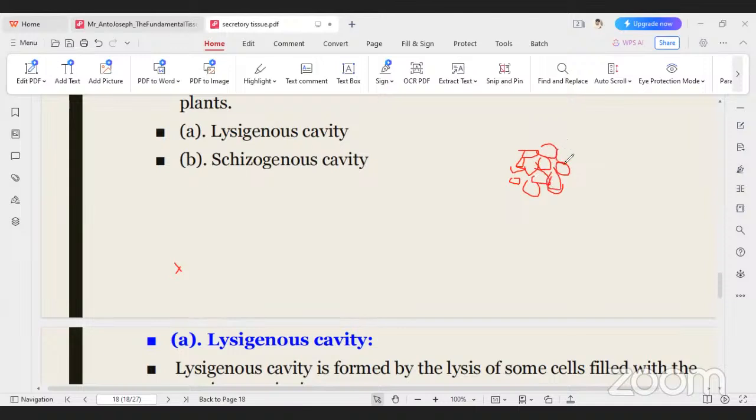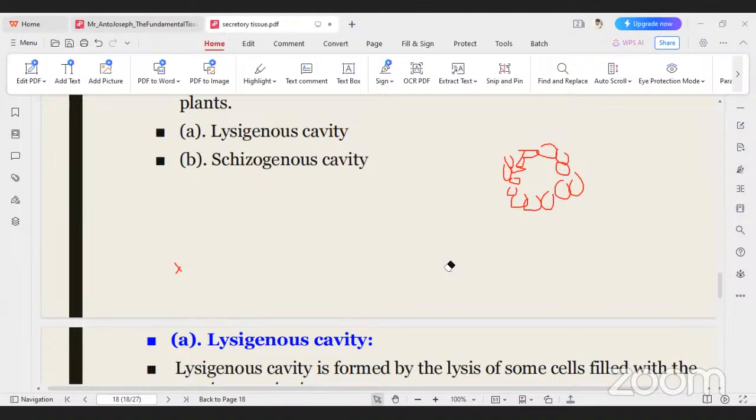In this group, some of the cells are destroyed by lysis. Due to lysis, what happened here? A cavity formed.